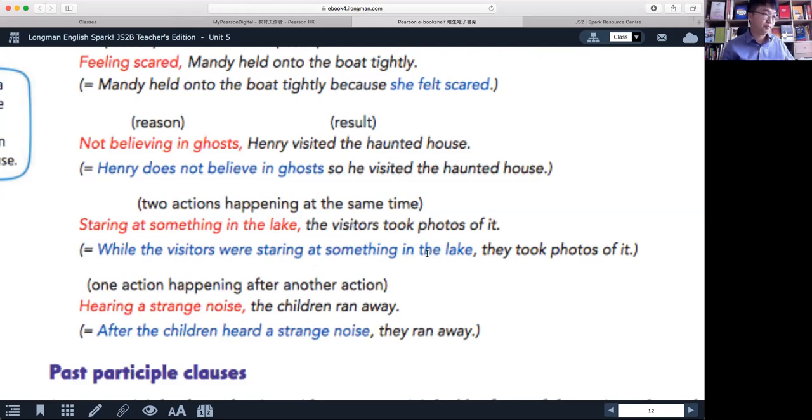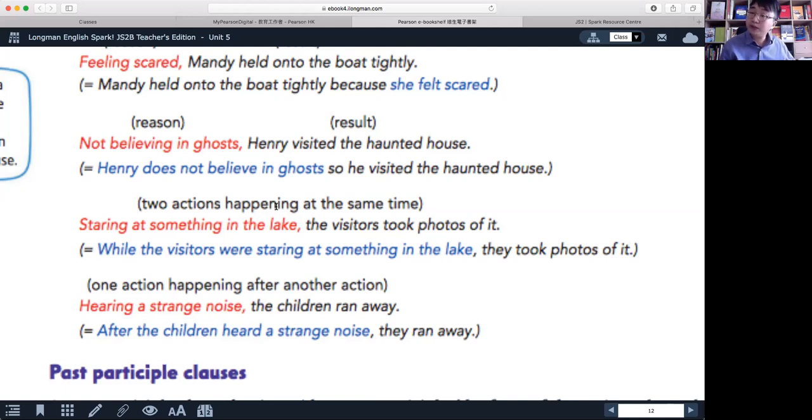What's the relationship between this part of the sentence and this part of the sentence? Do you still remember when we use while or when? Remember, if we are talking about two actions happening at the same time, we use when or while.